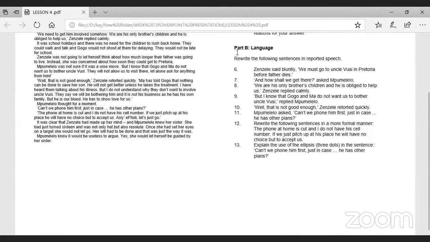Okay, so before I do this, are you guys comfortable with being unmuted? Because for this section, I want to hear you reading your own answers. So let's say for number 6, if Portia, you want to share your answer, then we will unmute you and you can share your answer.